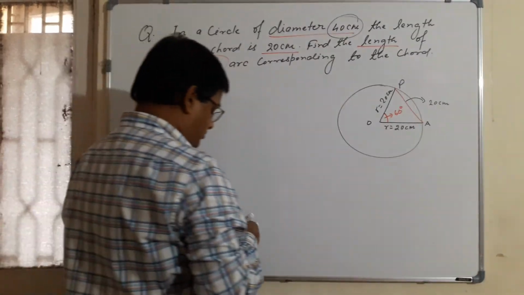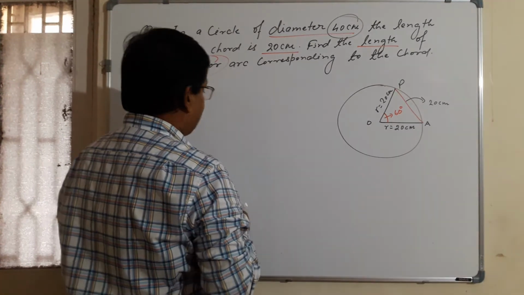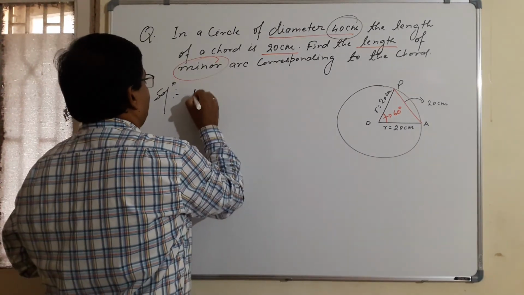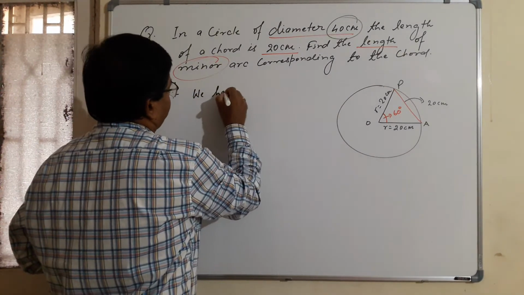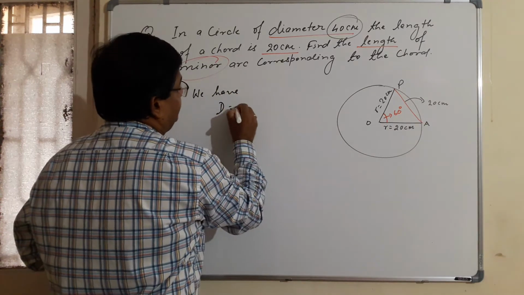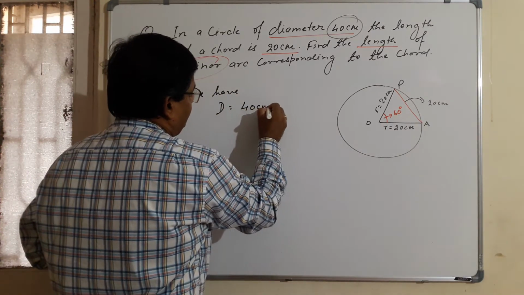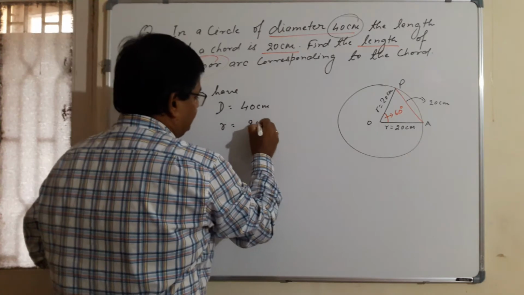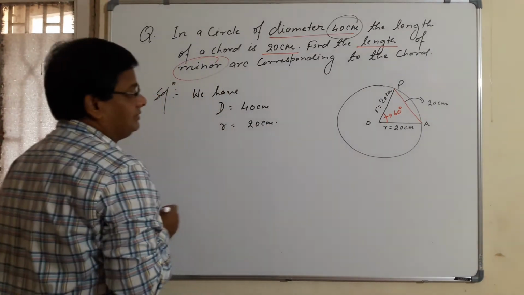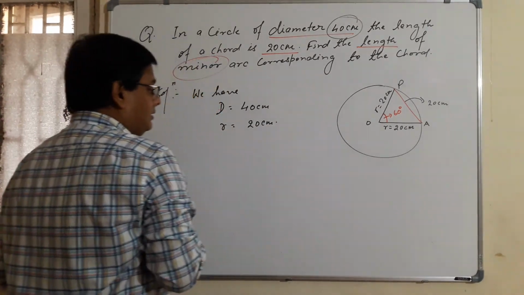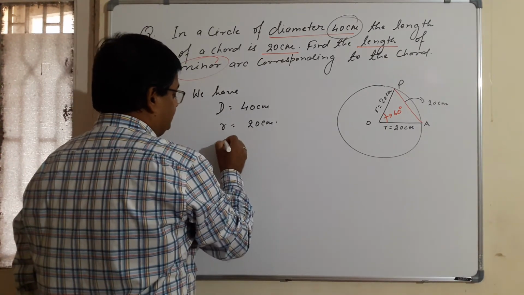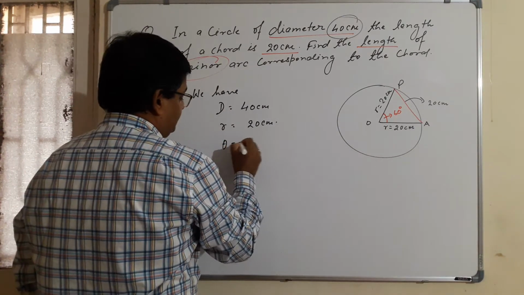So here we have to write: diameter D is equal to 40 centimeter, so our radius R is equal to 20 centimeters. Theta is equal to 60 degree.